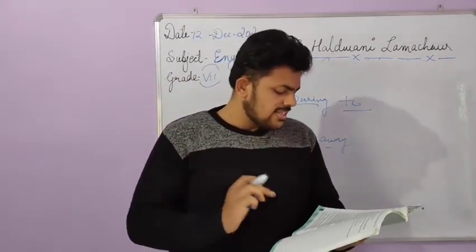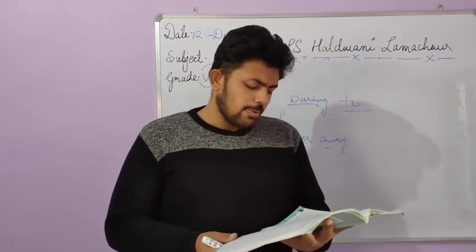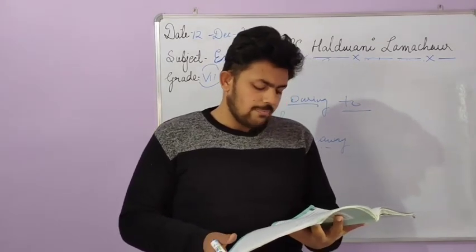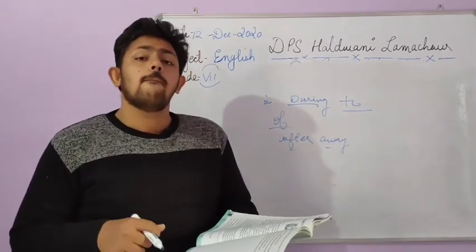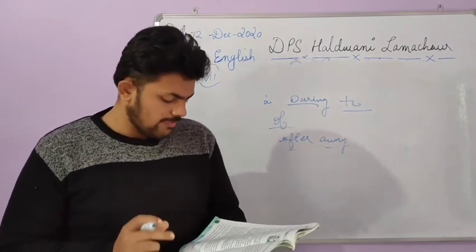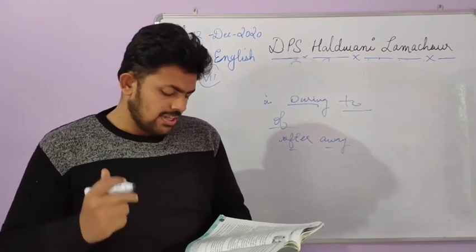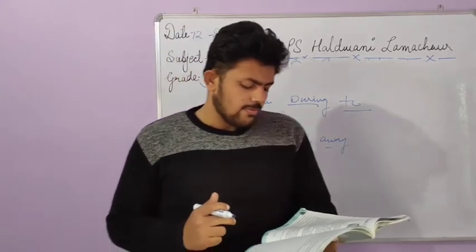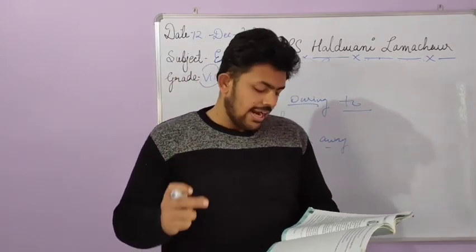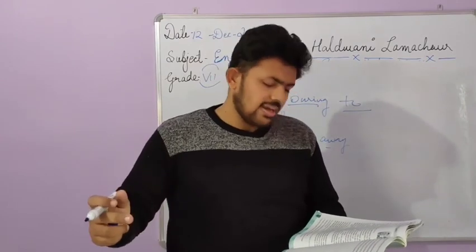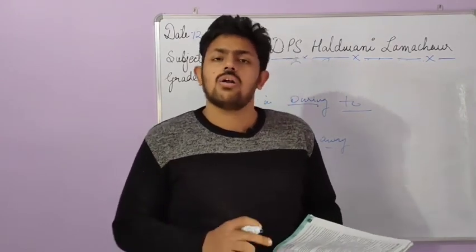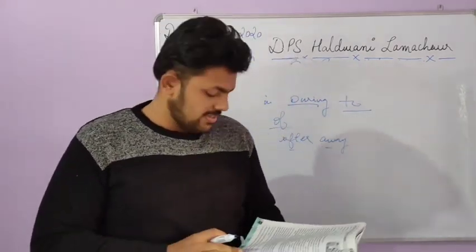Exercise F. In the sentences given below, underline the prepositional phrases. Each sentence contains more than one. During winter, I like going for a coffee at the club near my house. So for a coffee, at the club, near my house, during winter are all prepositional phrases.